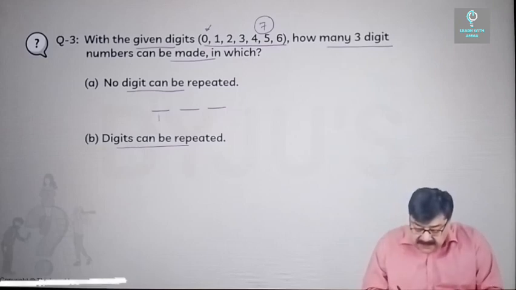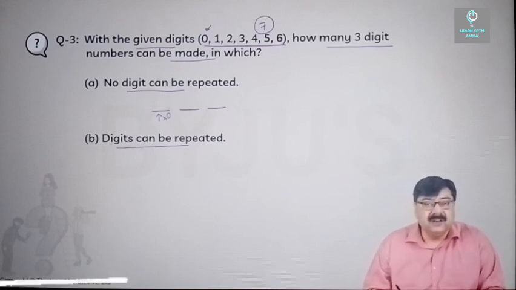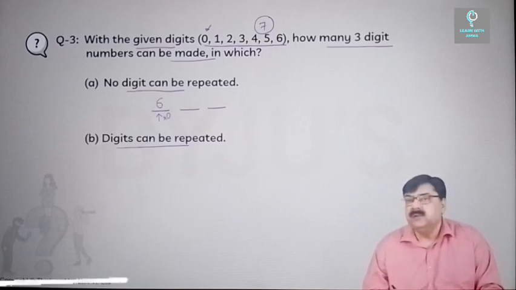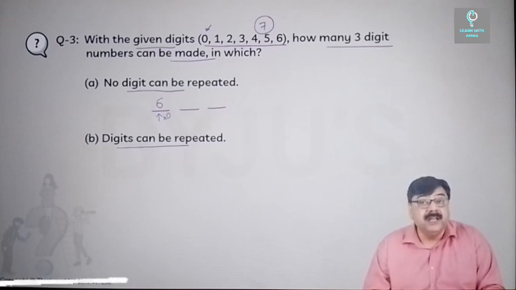But in the first place, that is in the 100th place, you cannot fill digit 0. So out of these 7, one option is gone, that is 0 cannot be fitted into the 100th place or the first place from the left. So hence here you have only 6 options. 1, 2, 3, 4, 5, 6. Any of these 6 numbers can be fitted into the first place.